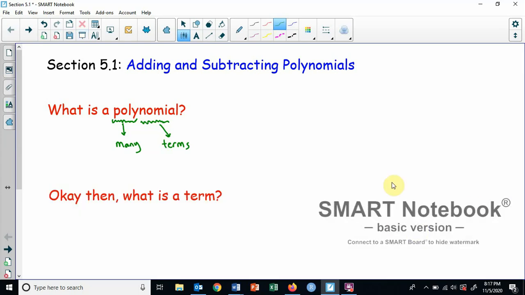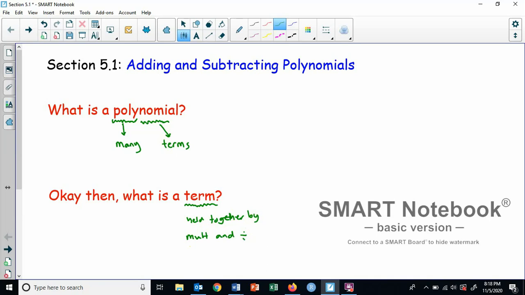What is a term? Let's see if I can give you an idea of what a term is. We just did all those exponent rules, and each exponent rule applies to single terms. Terms are mathematical things, bases and exponents and such, that are held together by multiplication and division.